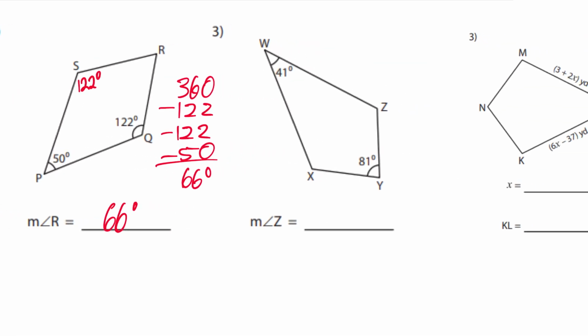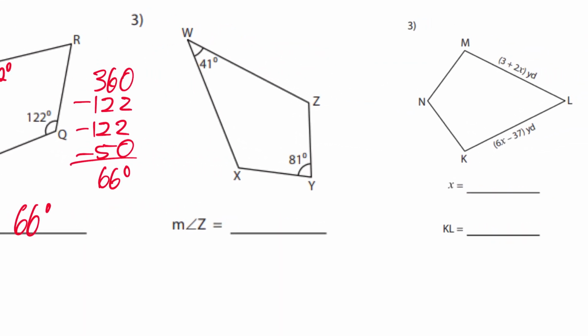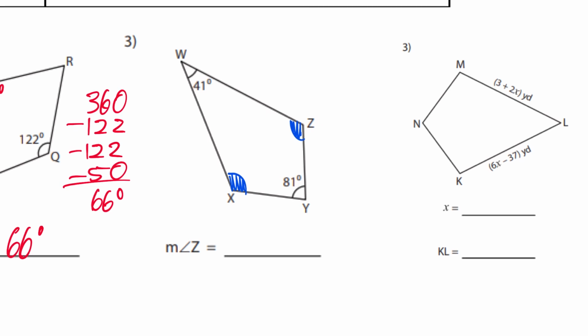All right, number 3. We're looking for angle Z. Well, I know angle Z and angle X are the same. So I'm going to start off by taking 360, subtract off the 81, subtract off the 41. So 360 minus 81 minus 41 gives 238.